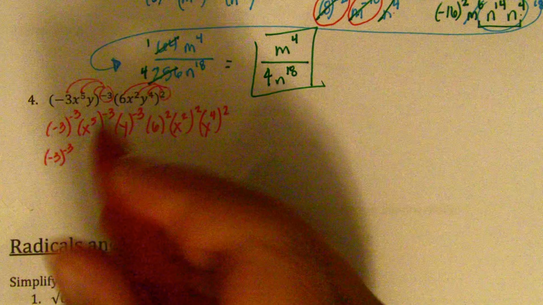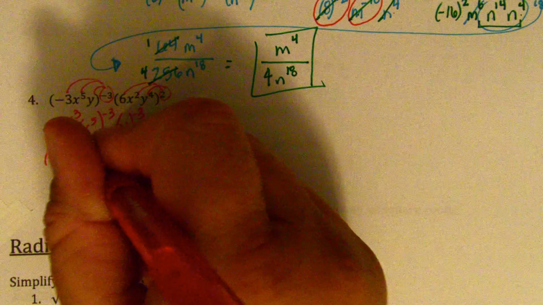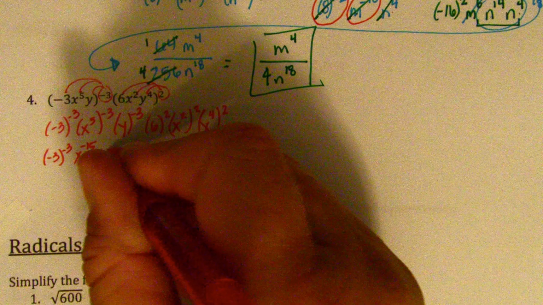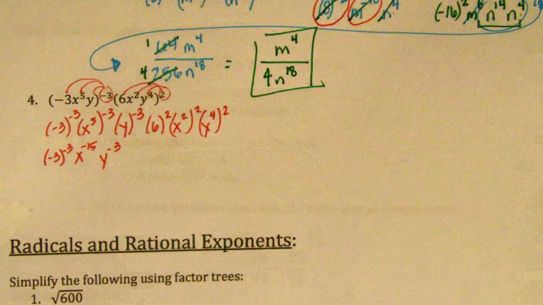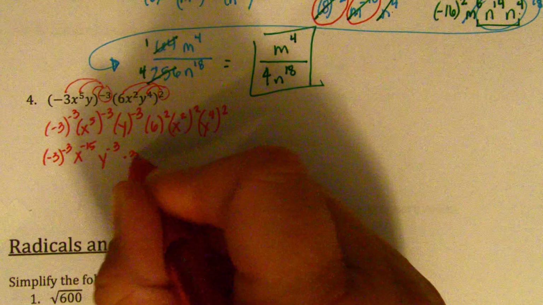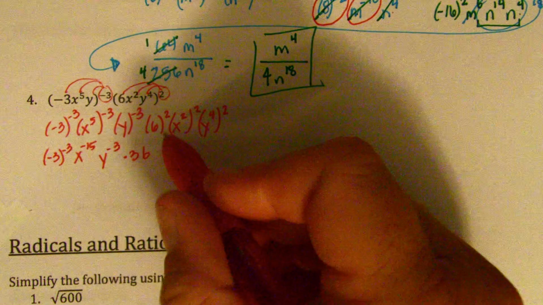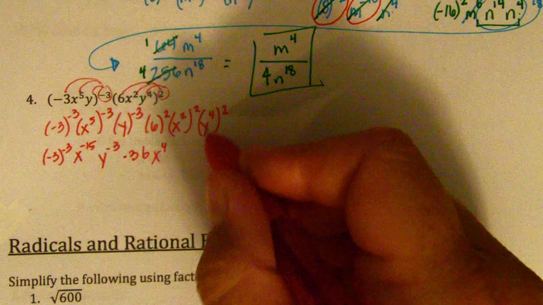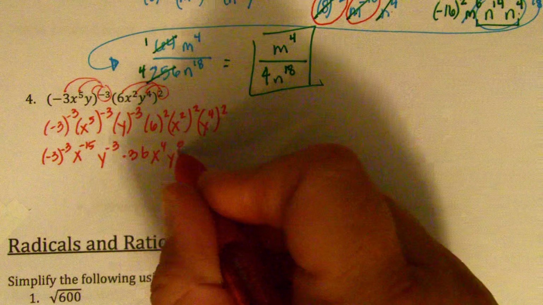X to the 5th to the negative 3rd becomes x to the negative 15th. And then y to the negative 3rd is just y to the negative 3. And then 6 squared is 36. And then x squared is x to the 4th and y to the 8th.